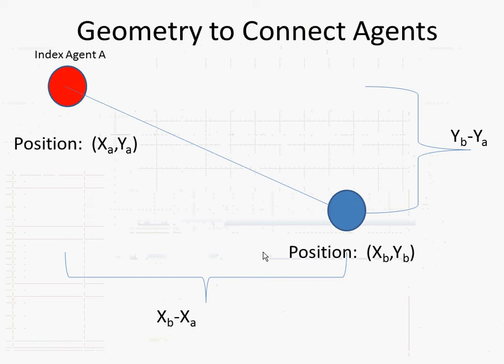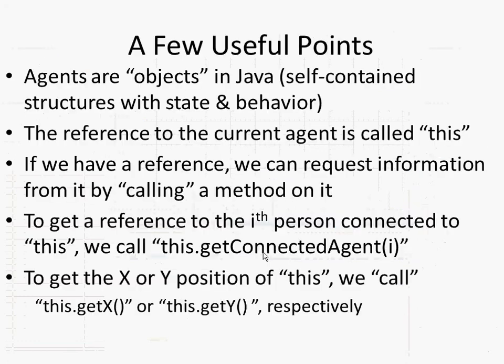This guy's x coordinate is x sub b, and our x coordinate is x sub a. The line needs to go over to the right by xb minus xa. Similarly for y, it has to go down by yb minus ya. Sometimes those may be negative, that's fine. It will just go in the opposite direction.